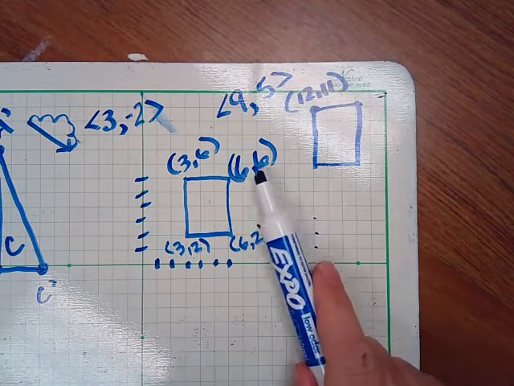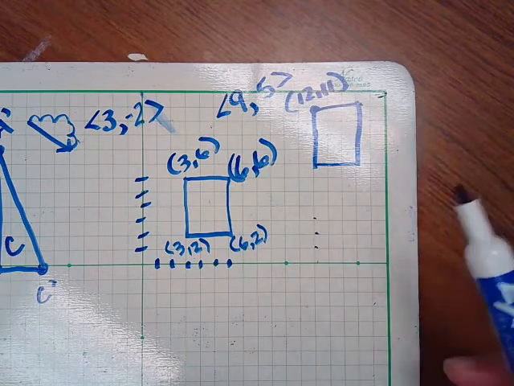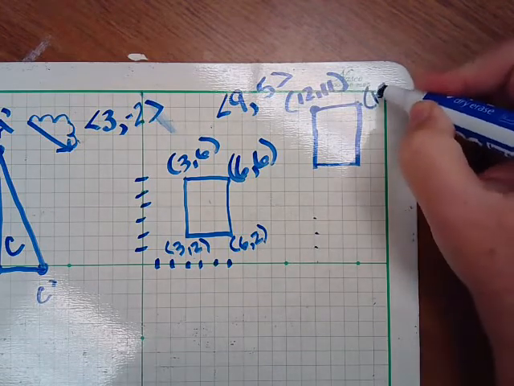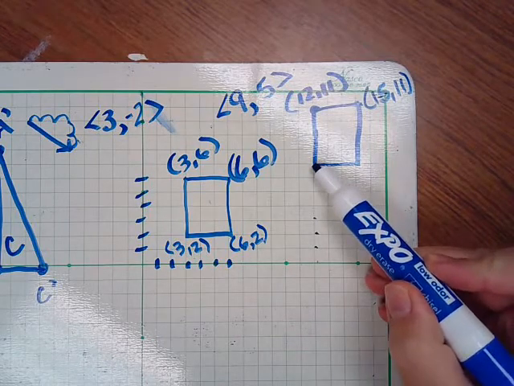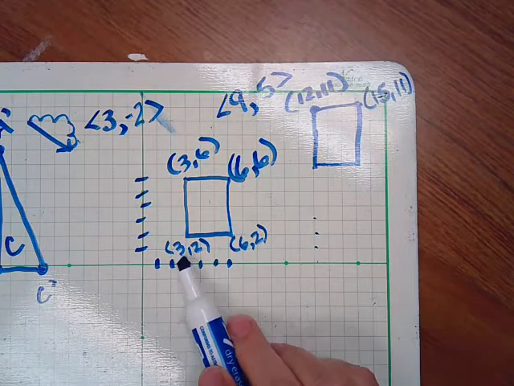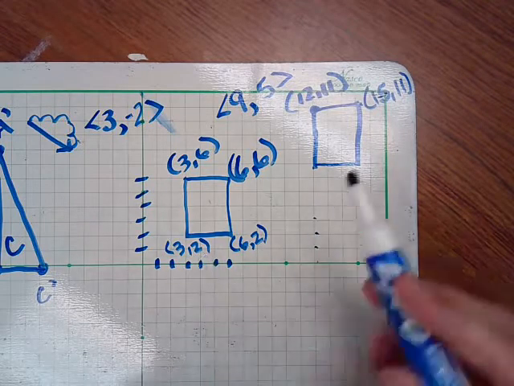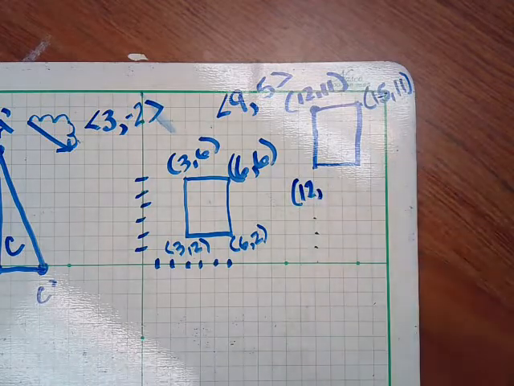So for this one, I'm going to go to 15, 11. So this would be at 15, 11. This one, I'm going to go to the right 9, so that would be 12, and up 5, so that would be 17, 12. That can't be right.